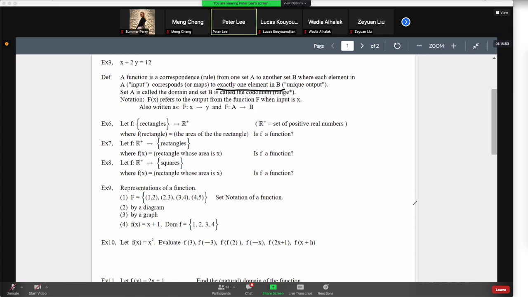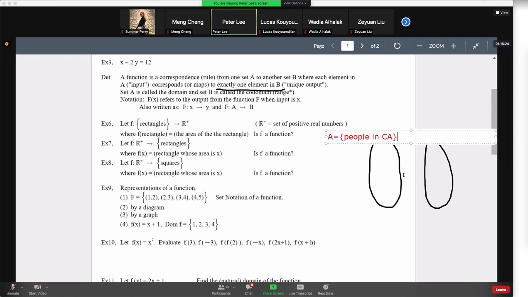A relation is like this. Let's say this is our math class, and this over here is, let's say, California. Let me call this A, which is the people in California.